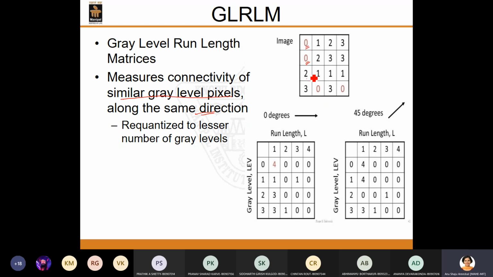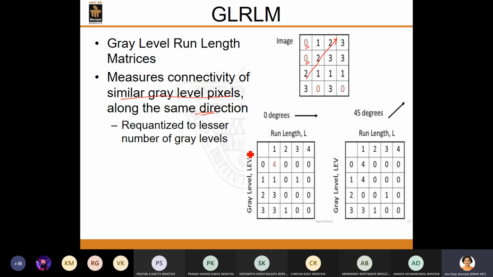If I take 2 in the diagonal direction, I see that it goes this way. So the count is 3 here, the count is 2 here, and so on. So by looking at how many pixels with the same intensity values, along the same direction, how long it is within the image, you can calculate that number of pixels and form the GLRLM matrix.